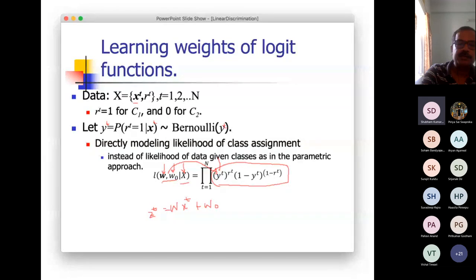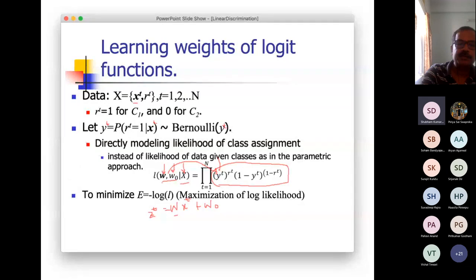Your objective would be to determine the w and w naught which will maximize this likelihood. It's an iterative process. You can see that it's not really the linear regression problem; the objective is different here. I can either maximize it, or minimize the negative of it.